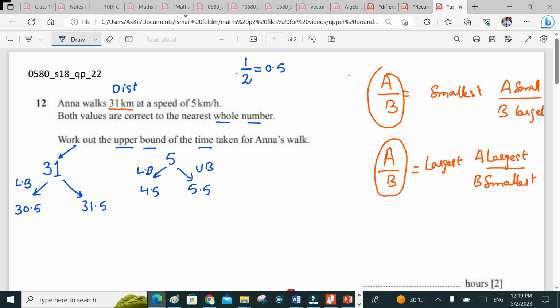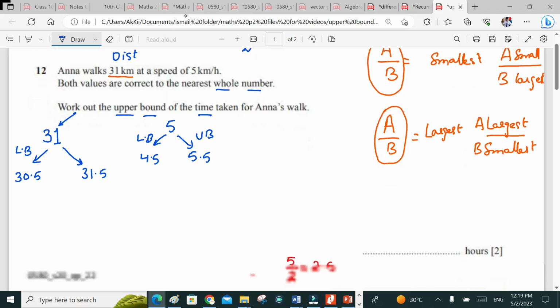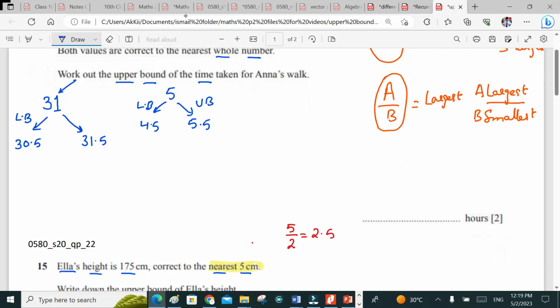So first of all, let me write down the generic formula for speed. Speed is equal to distance upon time, or for the time, this formula will be manipulated, that is time will be equal to distance upon speed. It means that I have to put distance in the numerator and speed in the denominator.